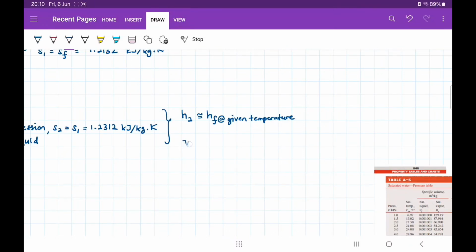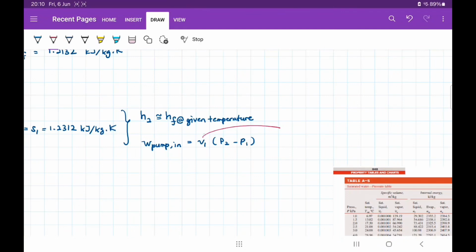We know that the work needed by the pump is equivalent to V1 multiplied by P2 minus P1. Now we need to find what this V1 is. From our notes, we know that V1 is equal to Vf, the specific volume at the saturated liquid at the given pressure P1.